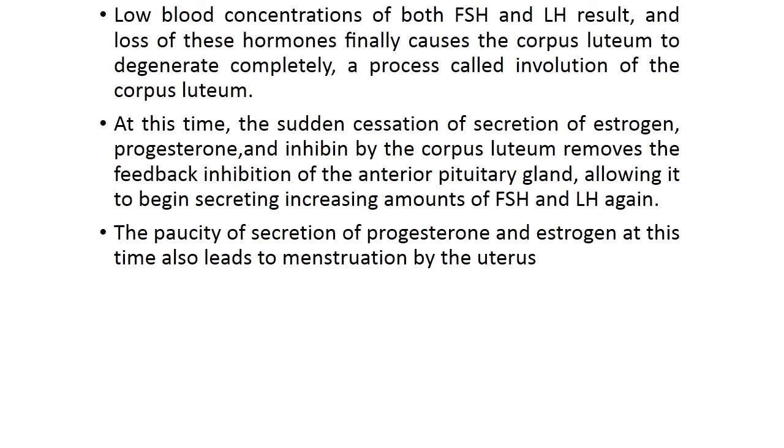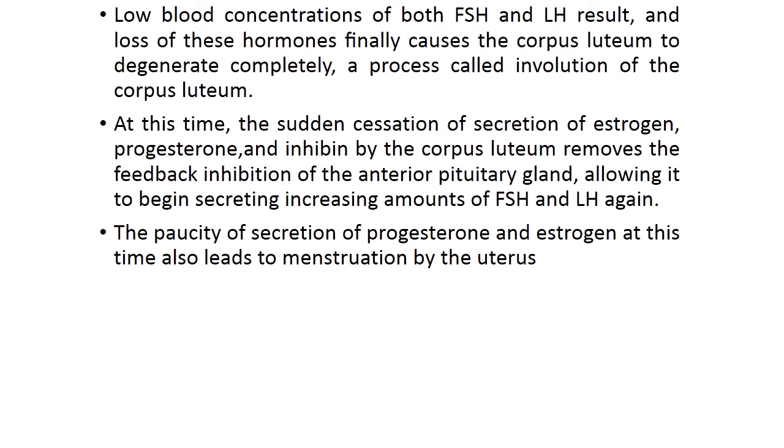And now when the amount of progesterone, estrogen and inhibin is absent or at a low level, because the corpus luteum has degenerated completely, the feedback is removed, and the pituitary gland starts to secrete FSH and luteinizing hormone again.